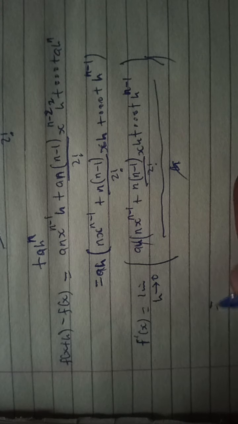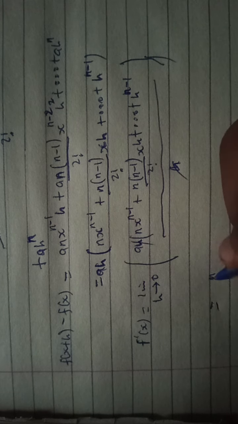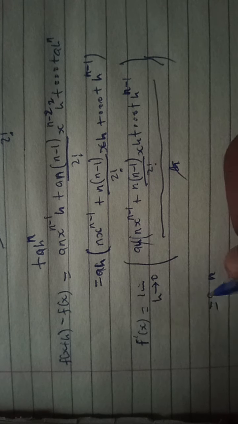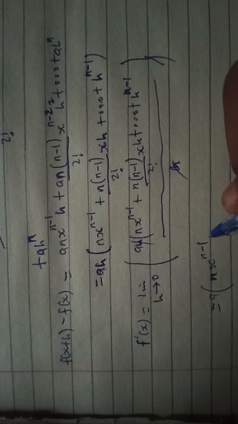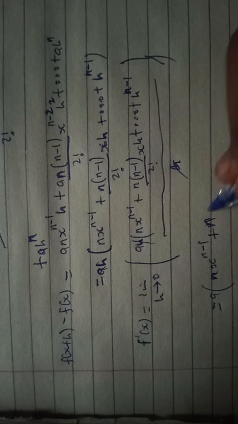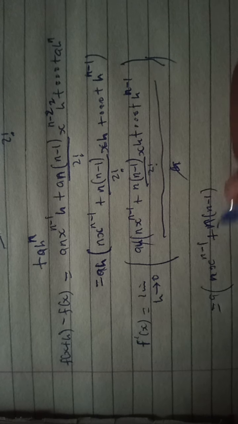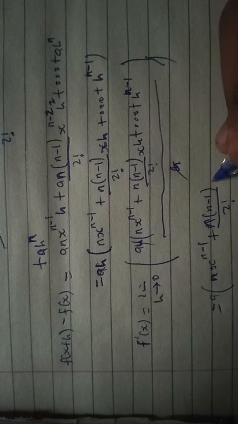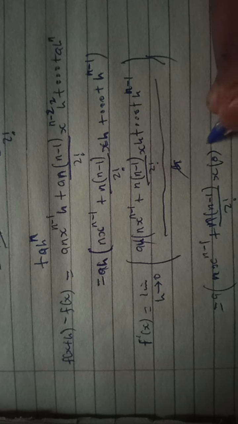Substituting 0 in, we will get n multiplying by x power n minus 1 plus n multiplying by n minus 1 bracket close all over 2 factorial multiplying by x multiplying by 0 and then plus dot dot dot.